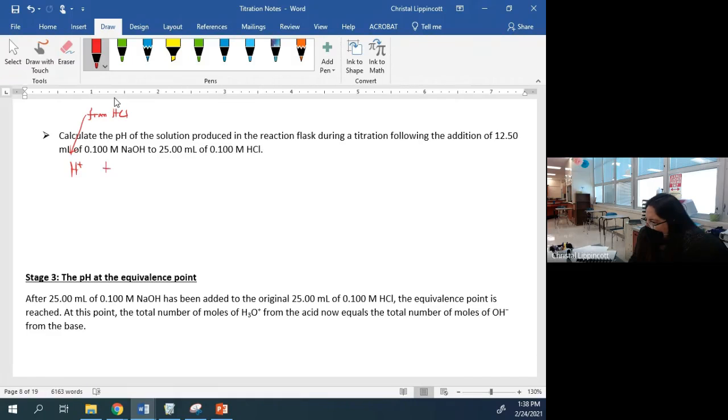And I'm going to add in my OH-, from my NaOH. And that's going to produce water on the other side, and it would also produce sodium chloride. They're all aqueous. Essentially, this is my net ionic equation.